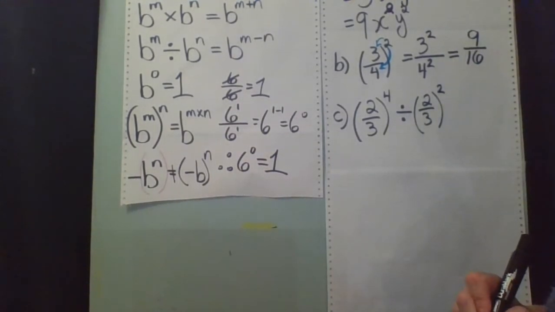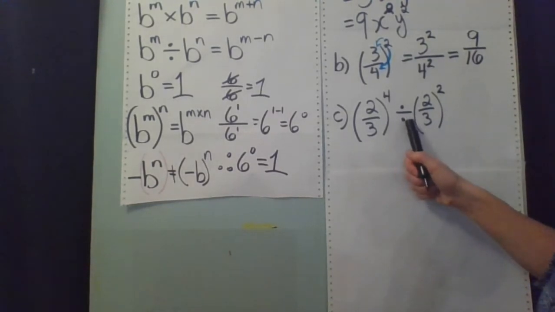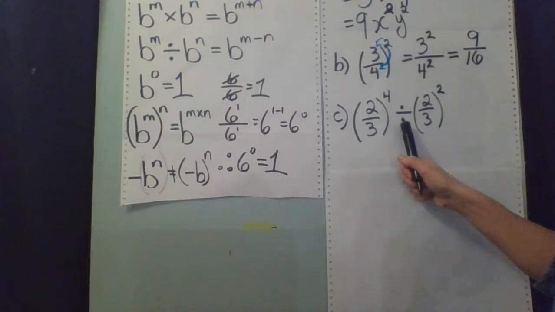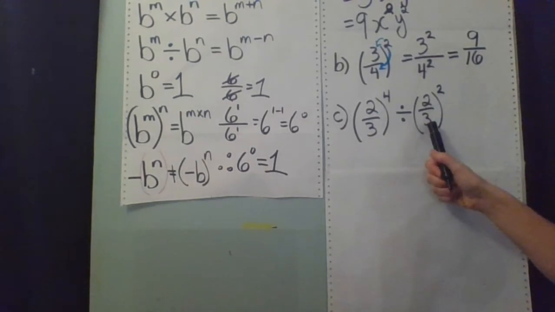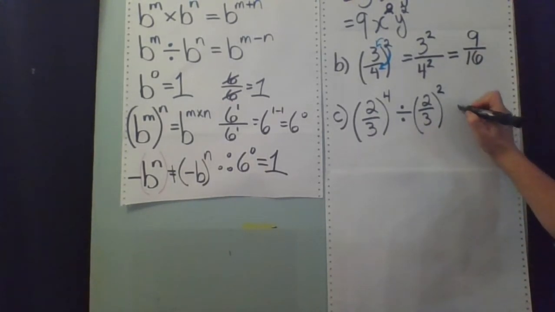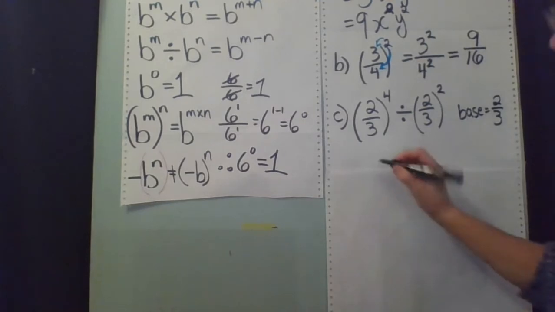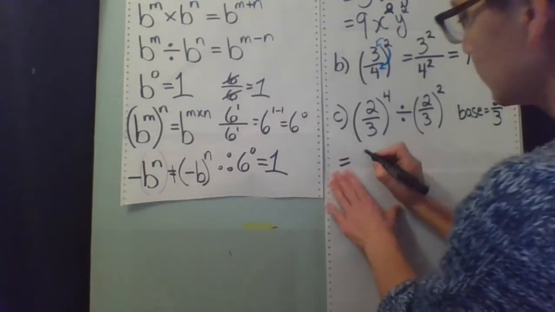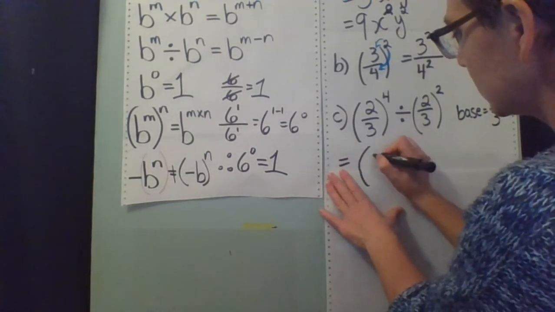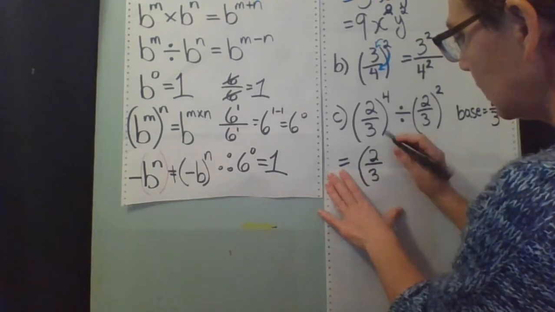Well, there's more than one way you can do this. The easiest way to do it is to get rid of this part first. And when I'm dividing, notice I have 2/3 and 2/3. Well, that's my same base. So my base, in this case, is 2/3. So let's use our rule. So my base is 2 over 3.